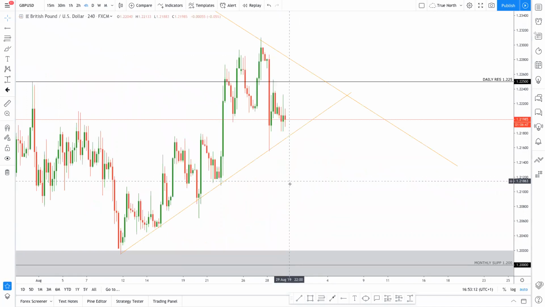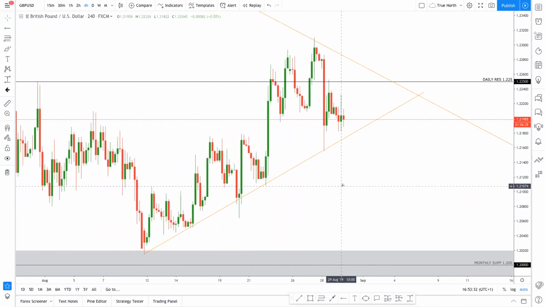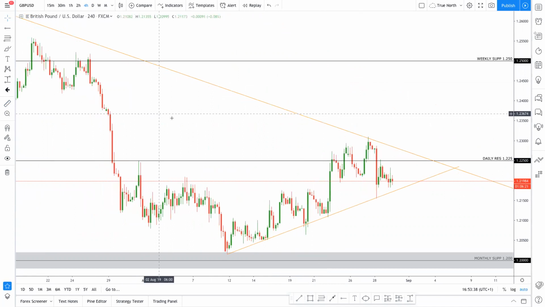And you can see how the market priced that in with this big red candle, a massive drop of about 100 to 120 pips. So there's quite a lot of fear in the market, a risk-off sentiment towards the Great British Pound. So it's both fundamental and technical reasons why I believe we're going to see the pound drop even further.